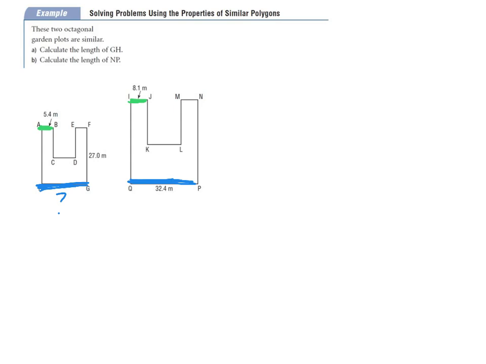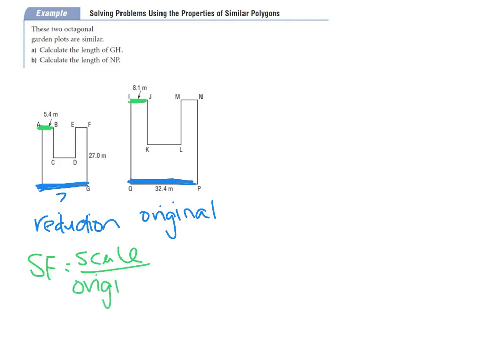So what I'm going to do is pretend, for this example, when we're figuring out our blue side, that this is a reduction. So this is my original on the right, and I've reduced it to make the smaller shape on the left. So the first thing I want to do is calculate my scale factor. This time I'm actually going to keep track of my scale factor formula. So my scale factor is my scale drawing, which is the reduction in this case, divided by the original.